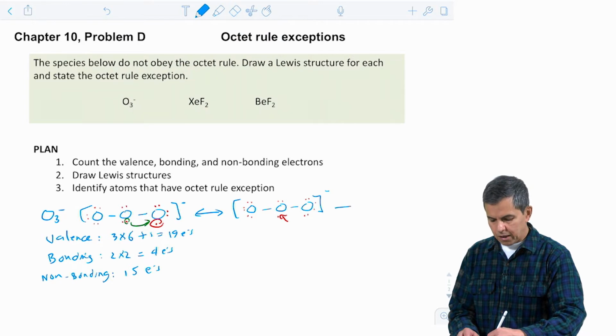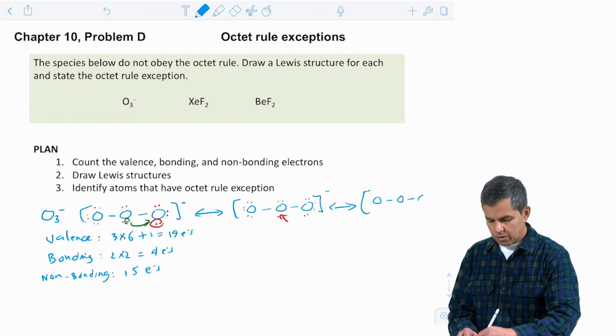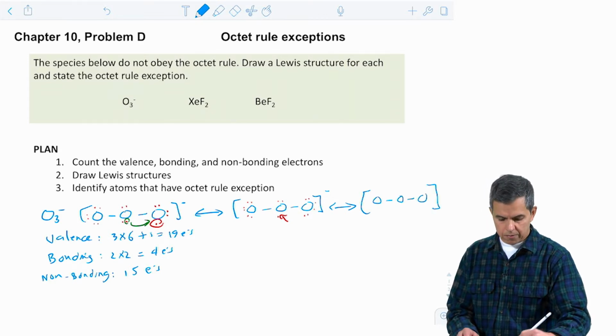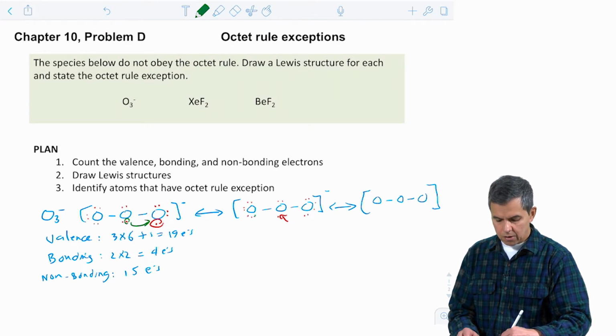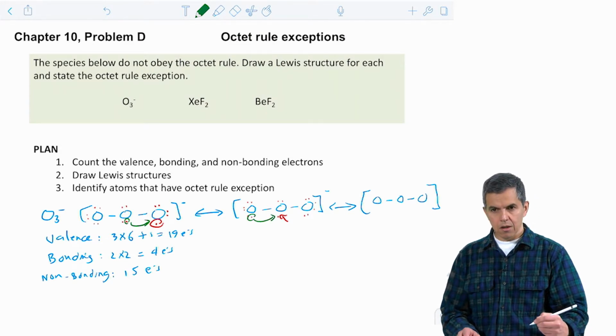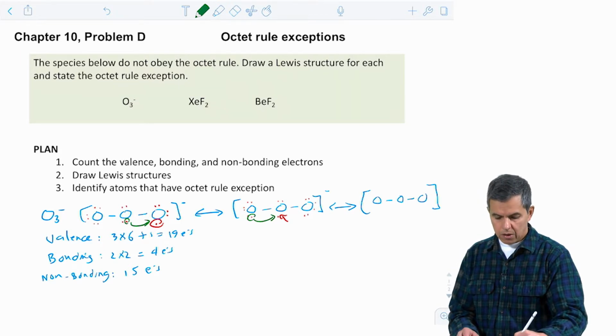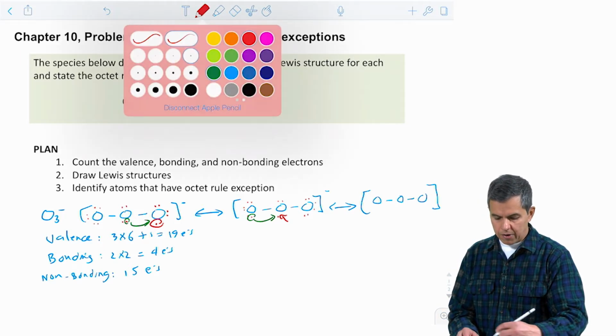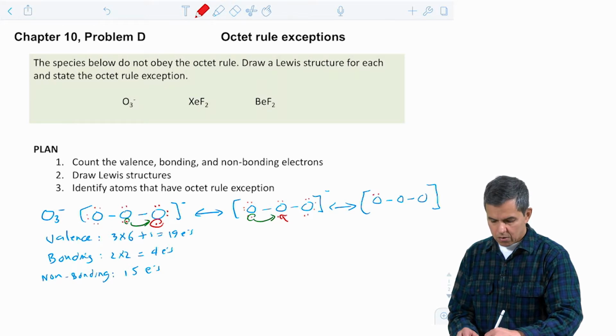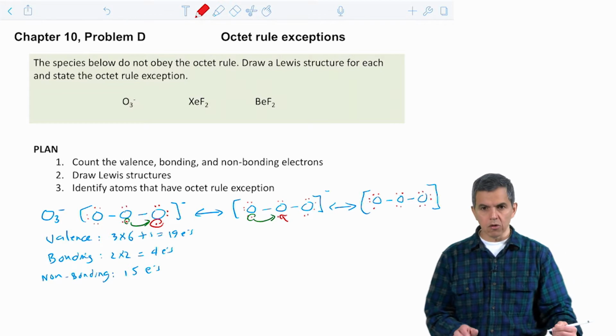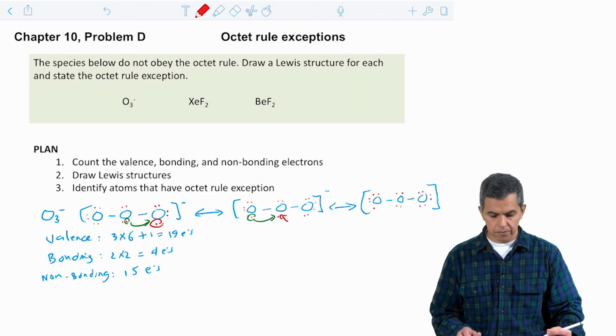We can write a last resonance structure in which the first oxygen is the one that lacks the complete octet rule. So that means that we will have then a lone electron on the first oxygen, 4 electrons on the second oxygen, and 6 electrons on the last oxygen.